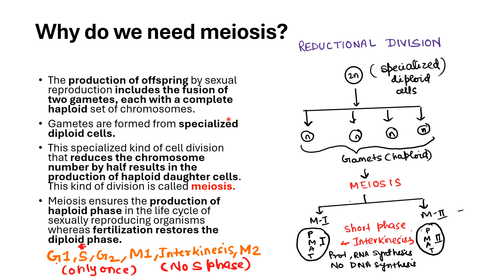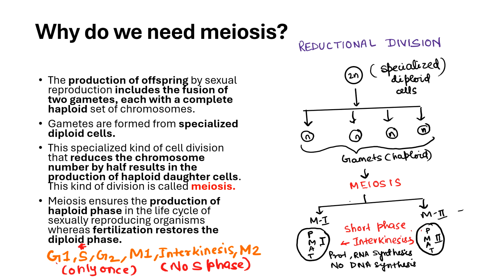We know that for every species the number of chromosomes is always constant, and that cannot be changed. The only way to maintain it is by production of haploid gametes, so that the haploid gametes can fuse together and form a diploid zygote.